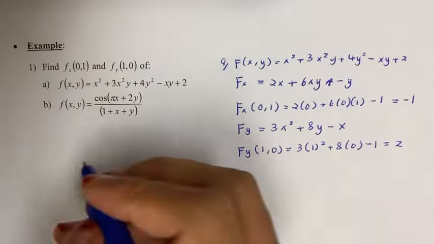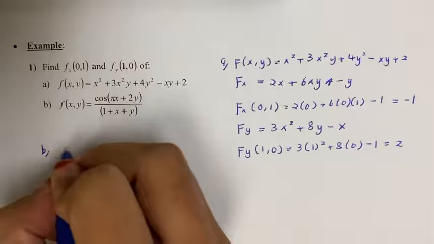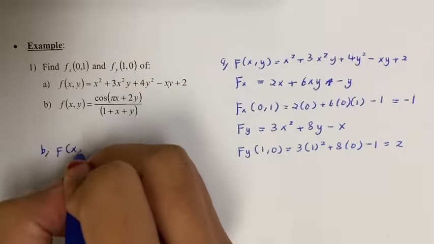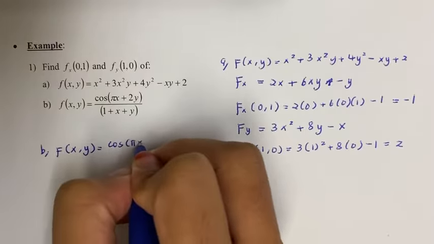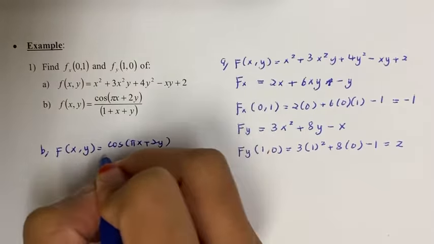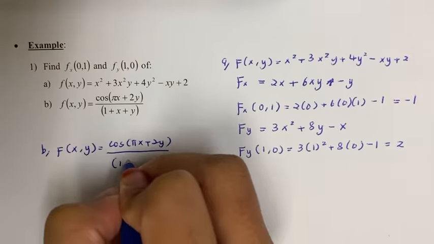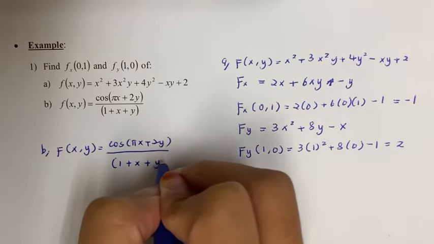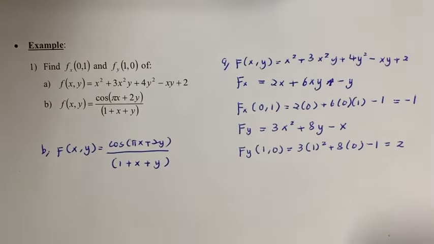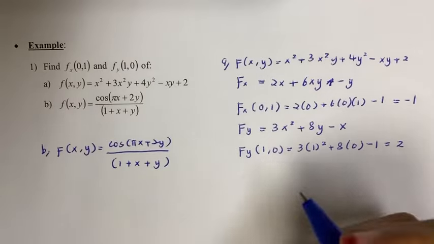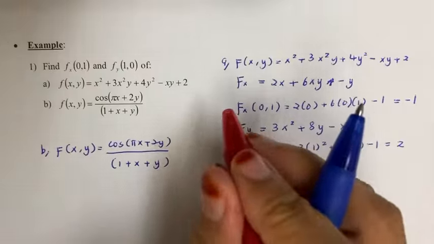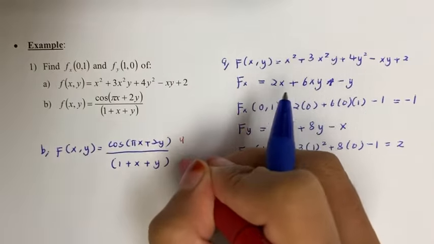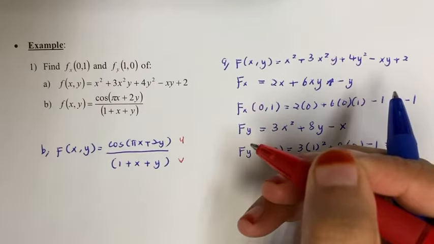Move to the B. For B, you have f(x,y) equal to cos(pi x plus 2y) over 1 plus x plus y. Okay, use the quotient rule. So the numerator becomes your u and the denominator is v.